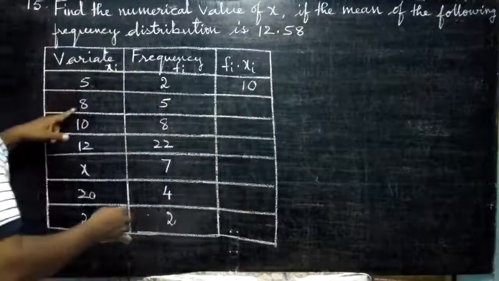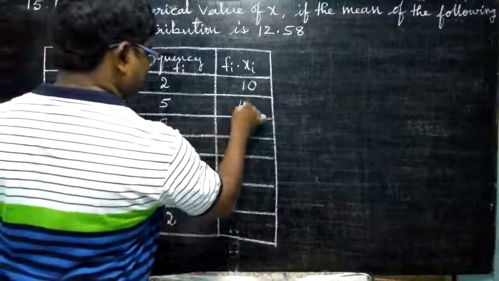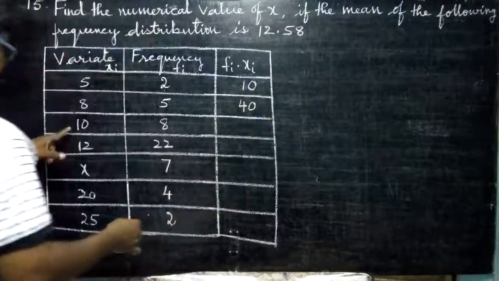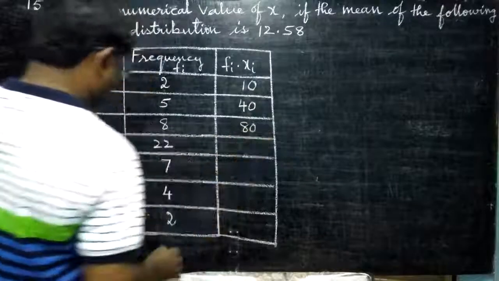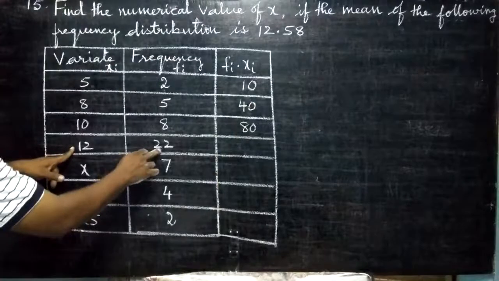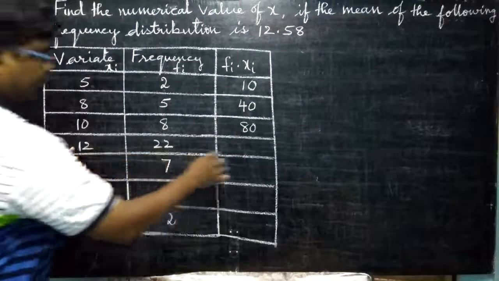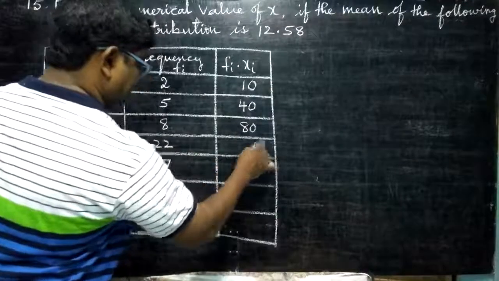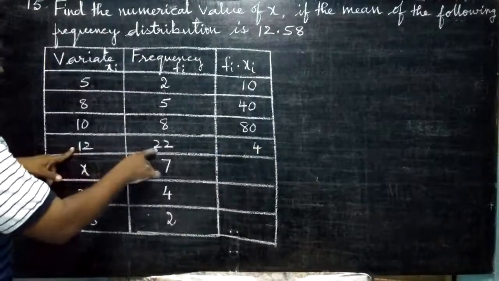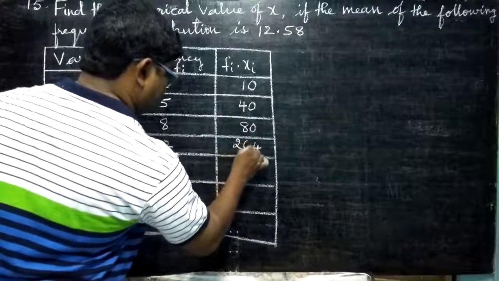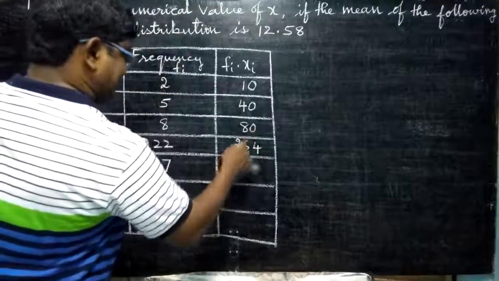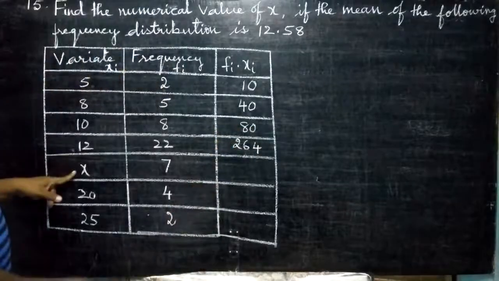Simple, very easy. 8 fives are 40. Still more easy. 10 eights are 80. Very simple. Now 12 22s. 12 twos are 24. 4 you write, 2 remaining. Again 12 twos are 24, 25, 26. So be careful. Ones place, tens place, hundreds place.